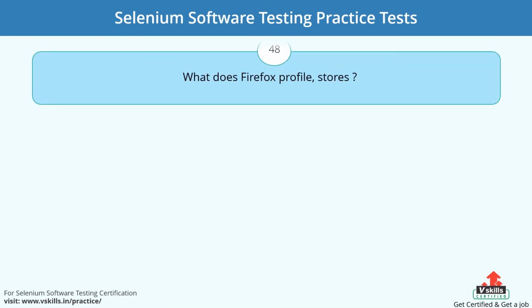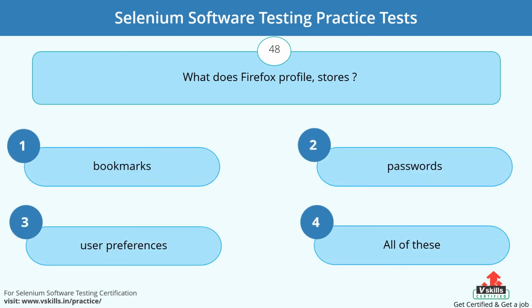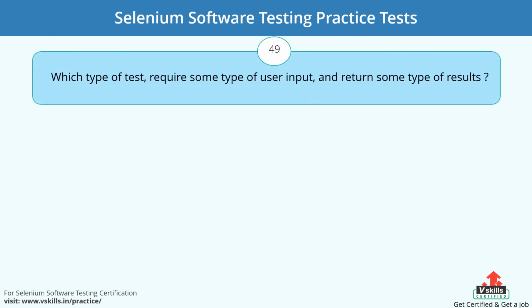Question number 48, what does Firefox Profile store? The options are A. bookmarks, B. passwords, C. user preferences, D. all of these. The correct answer is option D. Question number 49, which type of test requires some type of user input and returns some type of results?